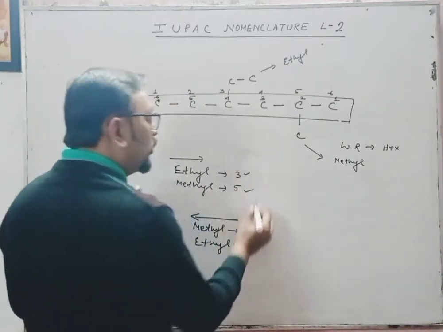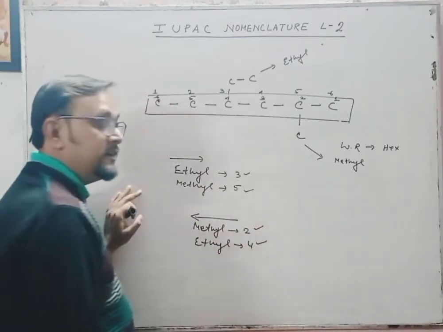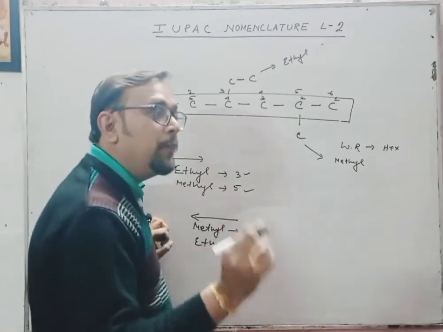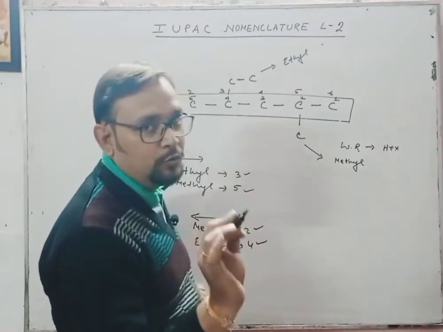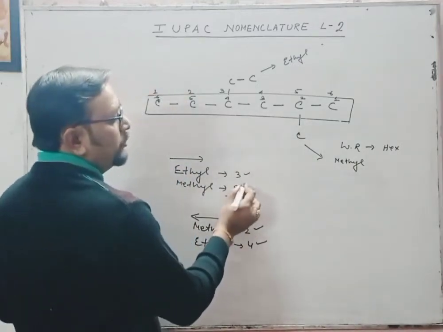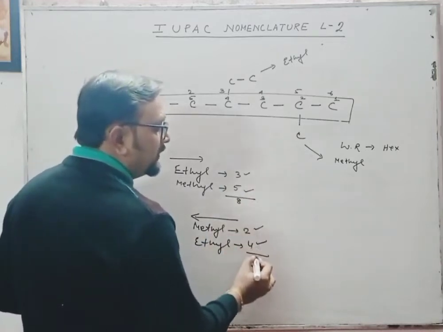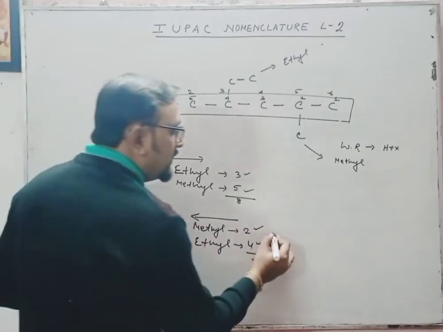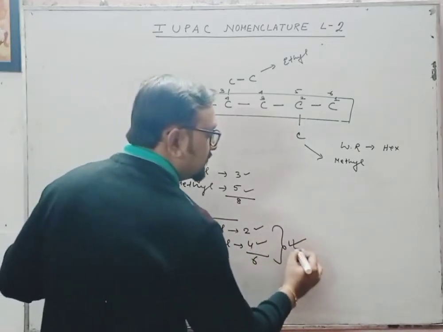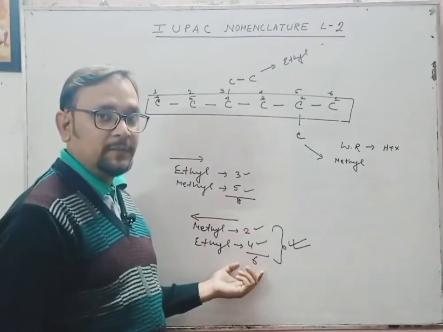If the locants are different, always go by the minimum summation rule. So sum it up. If I add these two, 5 plus 3 is 8. If I add these two, 4 plus 2 is 6. So which is the minimum summation? This one.